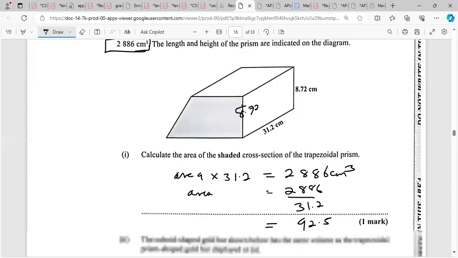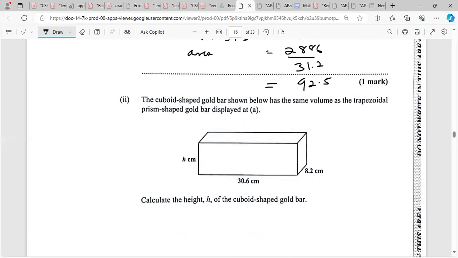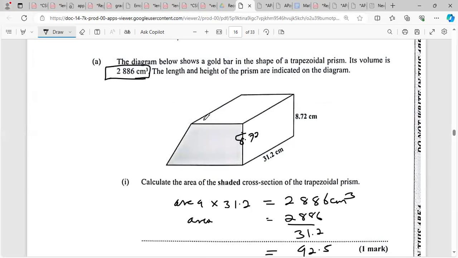Let's see something else now. It says the cuboid shaped gold bar shown below has the same volume as the trapezoidal prism shaped gold bar displayed at A. Calculate the height. Height again. It has the same volume though, so we can figure it out.